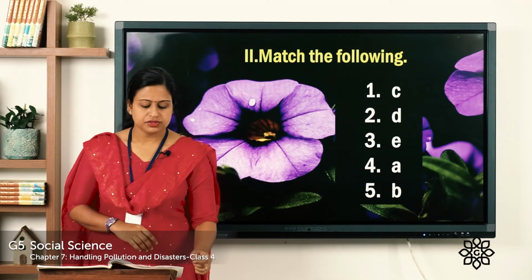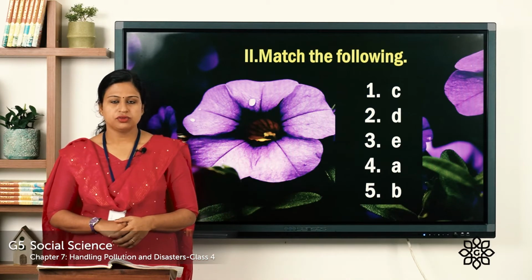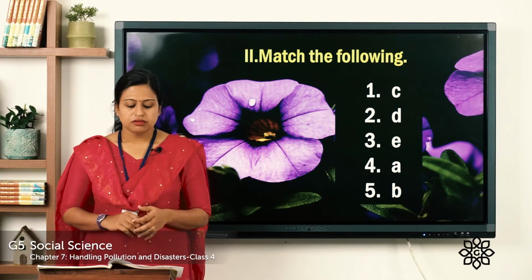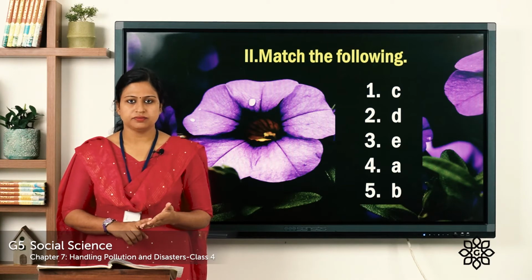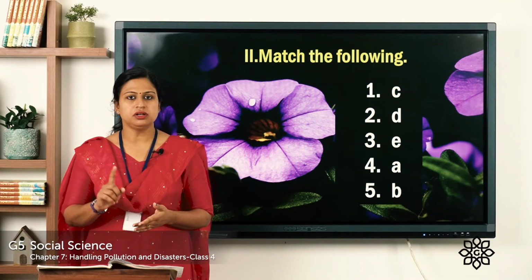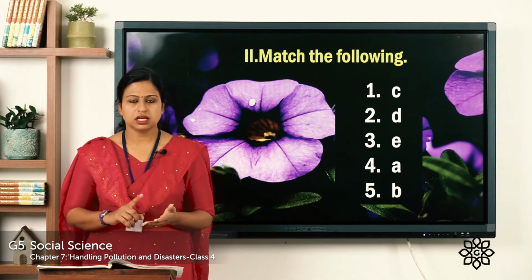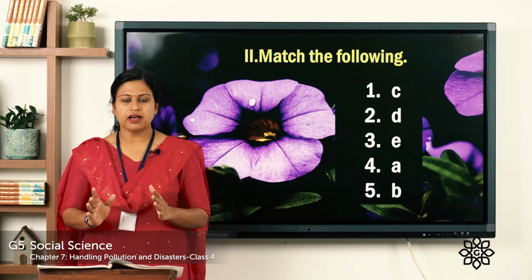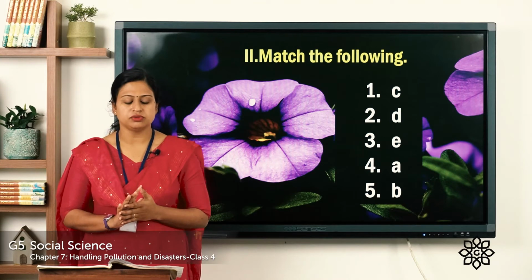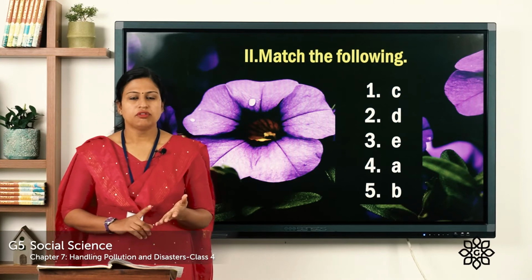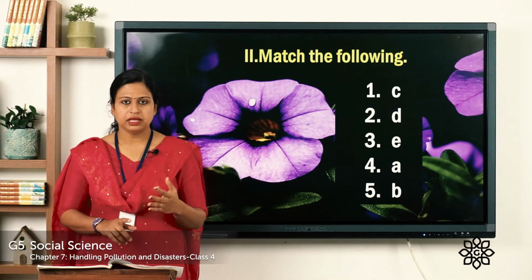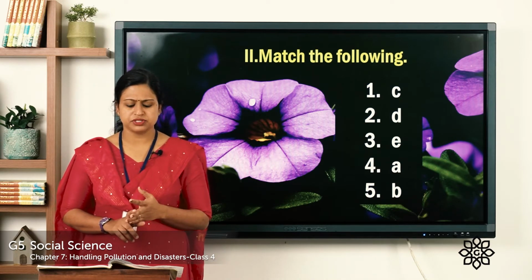Now let's check the answer. So the first one, flood, tsunami, cyclone. The correct match is natural disasters. Second, earthquake. The correct match is sudden violent shaking of the ground. Third one, faulty electrical wiring, gas and stove explosion.